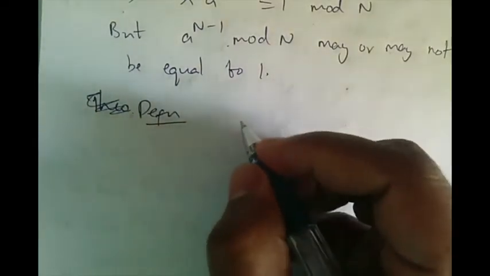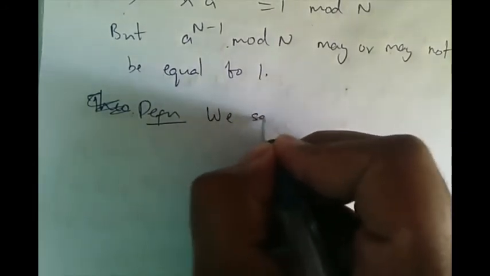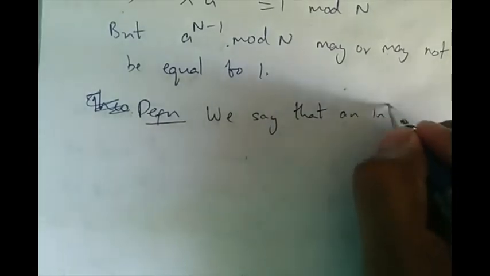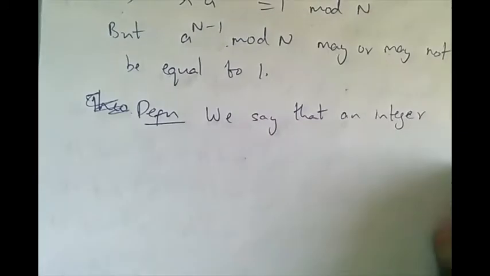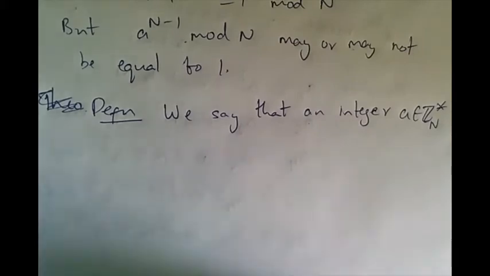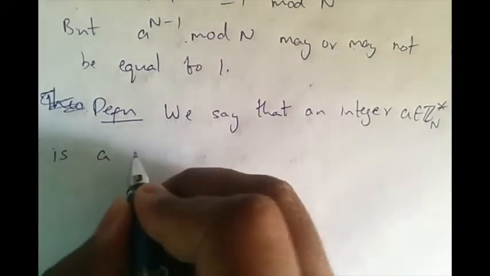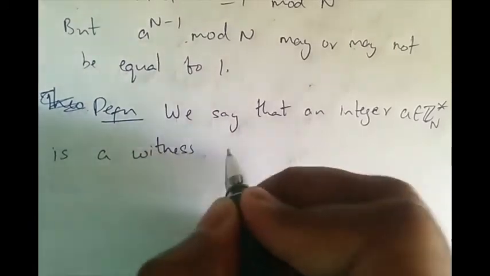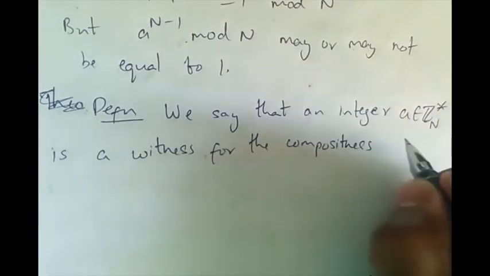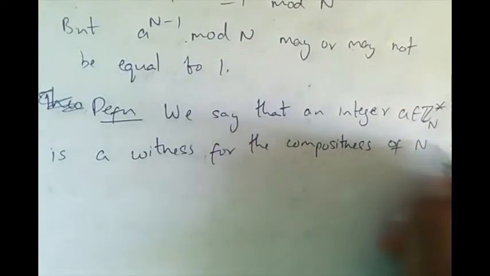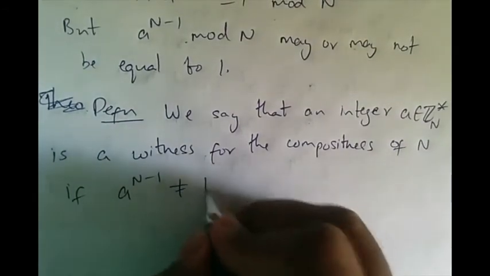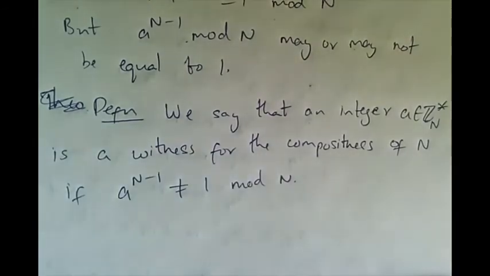So we say that an integer a in Zn star is a witness for the compositeness of n if a raised to n minus 1 is not equal to 1 mod n.